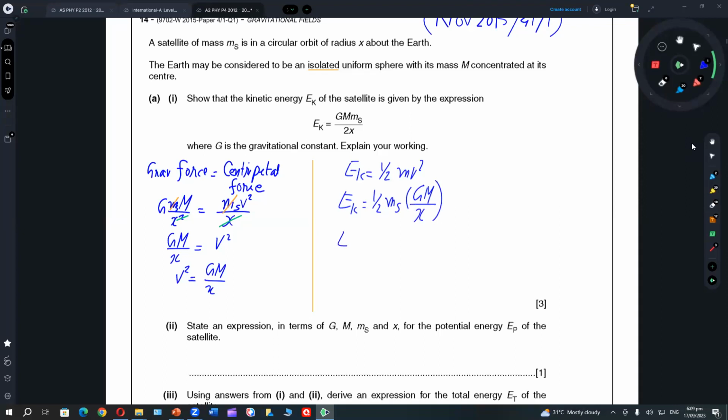So then you rearrange it. If you rearrange it, you will get G ms M upon 2x. This is the derivation. So please look at the derivation and you should copy it as it is.